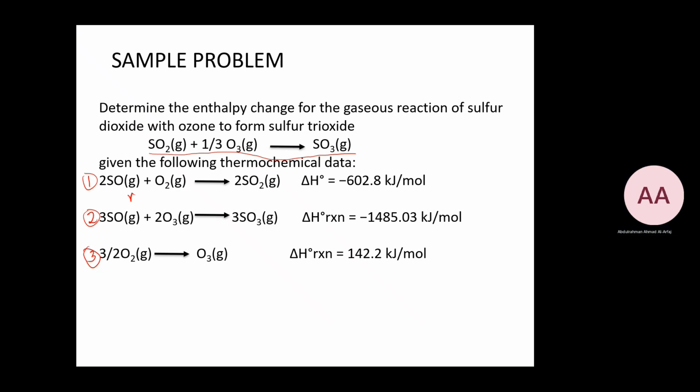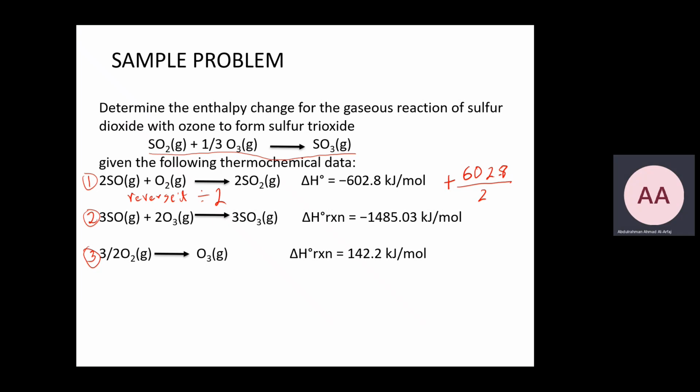Reverse it and divide by 2. And what will be delta H in this case? Plus 602.8 divided by 2. That's the first one. So I have now SO2 as a reactant.